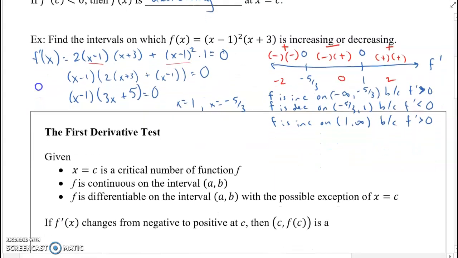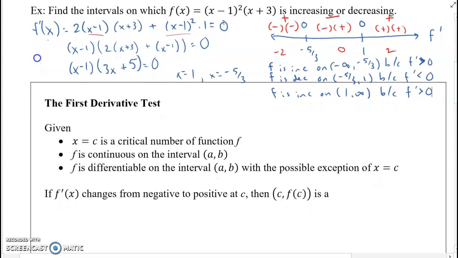And the first derivative test is going to tell us a few different things. First of all, we can say if f prime of x changes from negative to positive at that critical number, let's remember what that means. If f prime changes from negative to positive, then what is f of x doing? It must be changing something, right?